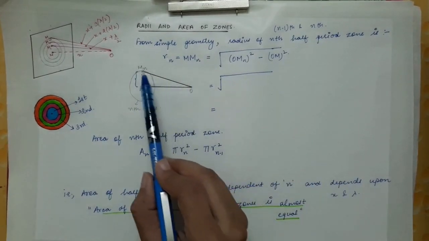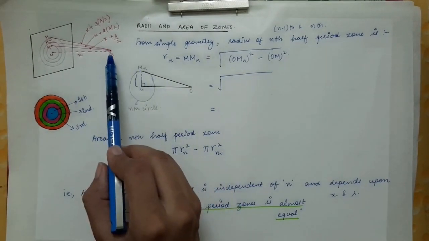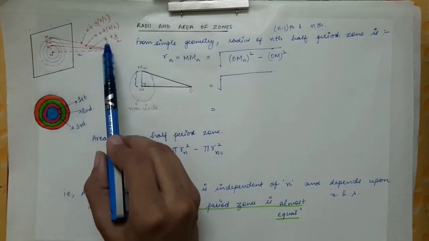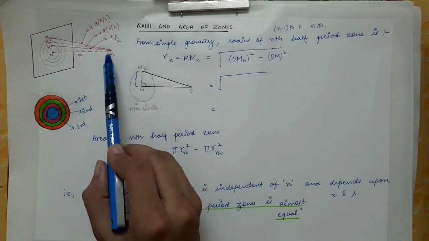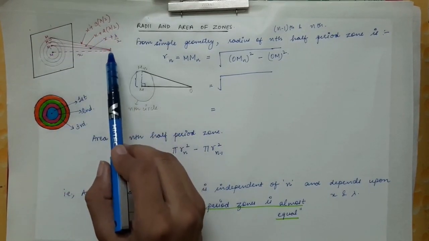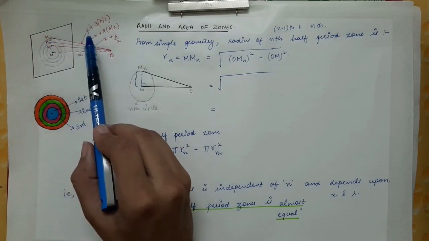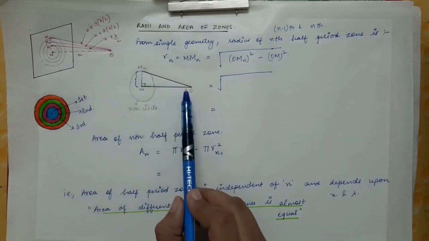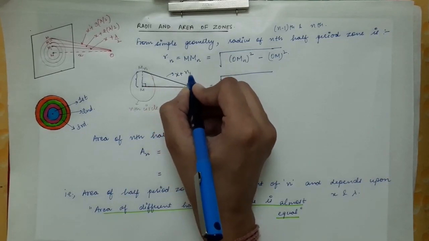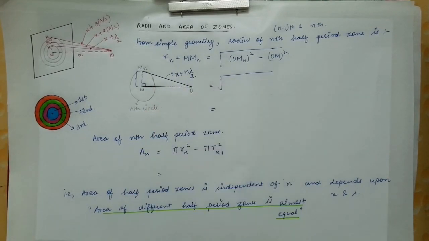Now what is OMn? As we had drawn in the previous diagram, this distance OM1 is equal to x plus lambda by 2. Then OM2 is equal to x plus 2 lambda by 2. Then OM3 is equal to x plus 3 lambda by 2. Similarly, OMn will be equal to x plus n lambda by 2.